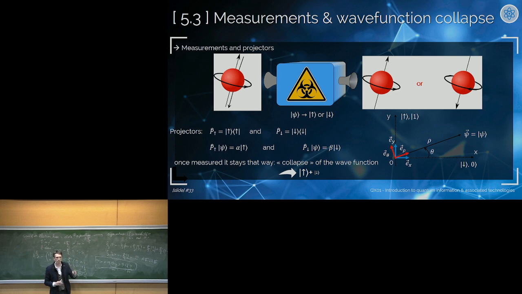And that's also a very quantum behavior that we don't have classically. Classically, if you look at something, if you measure something, you do not change the something. If you measure the current in a circuit, you do not change your circuit.